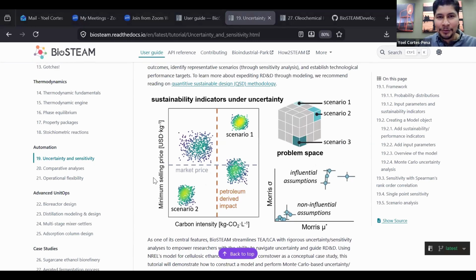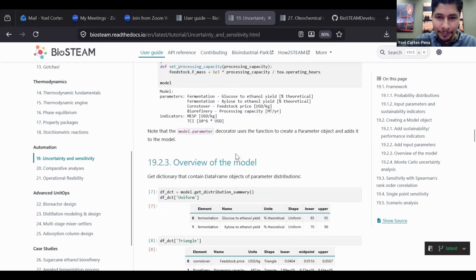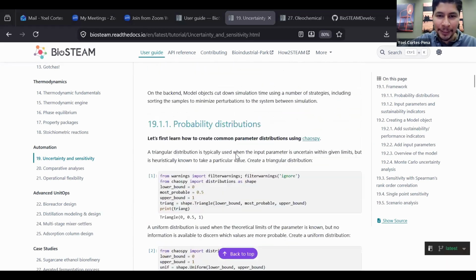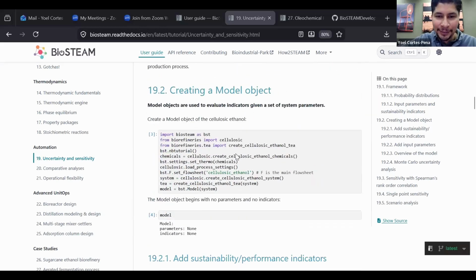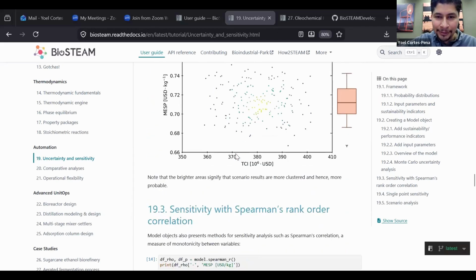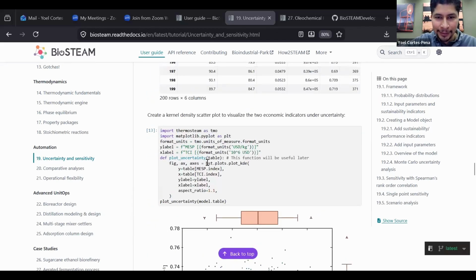I recommend three things. First, starting off with maybe ChatGPT. Well, actually I take that back. First start off by looking at the automation features in BioSteam because we use many functions already in BioSteam for plotting, such as this one here.